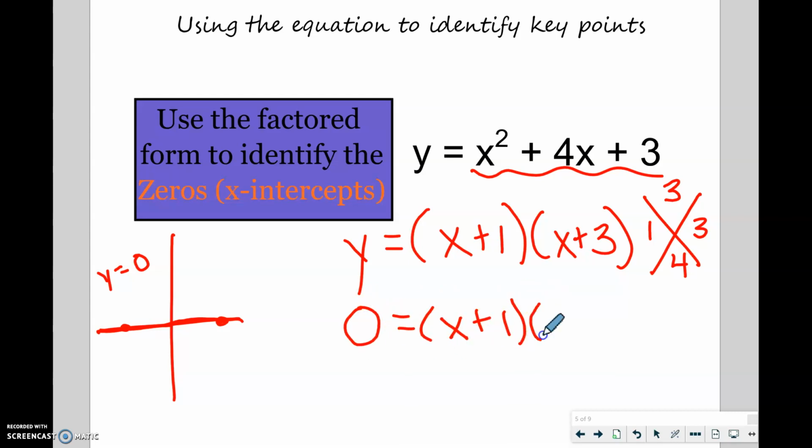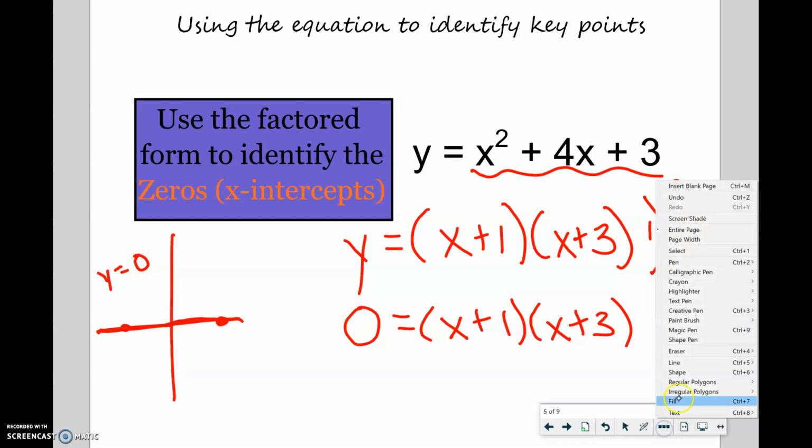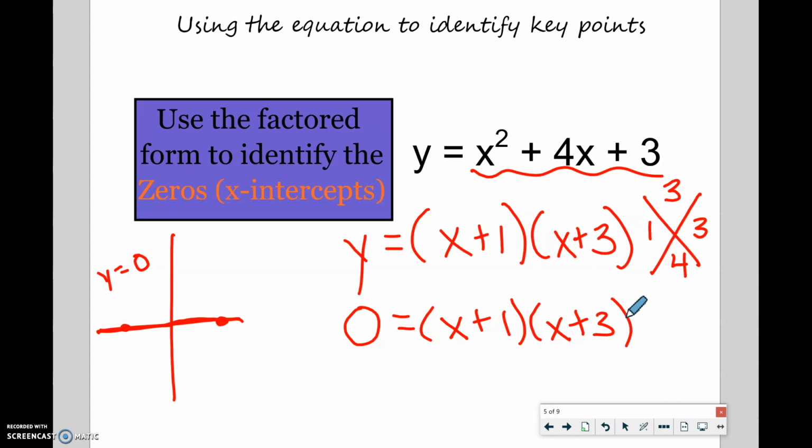So there's a couple x values that I can find that would make that y value equal to 0. If you think about what I know about when I multiply by 0, I can either have this chunk be equal to 0, or I can have this parenthesis equal to 0. Because as long as one of the factors is equal to 0, this whole thing on the right will be equal to 0.